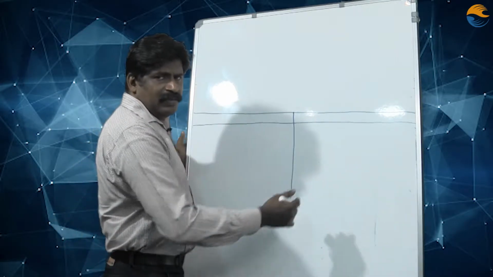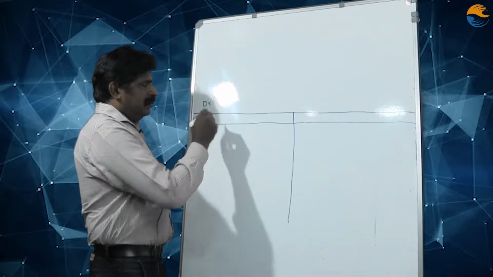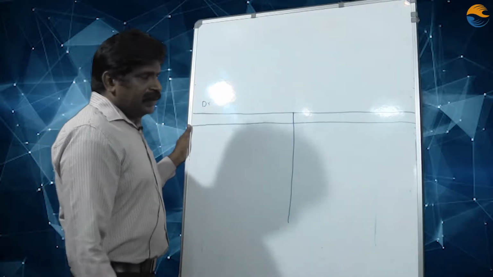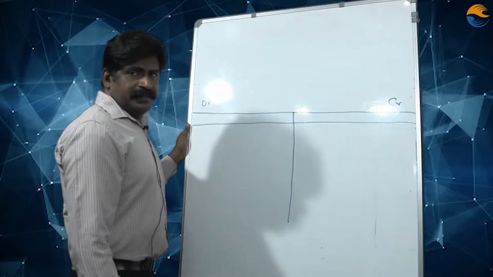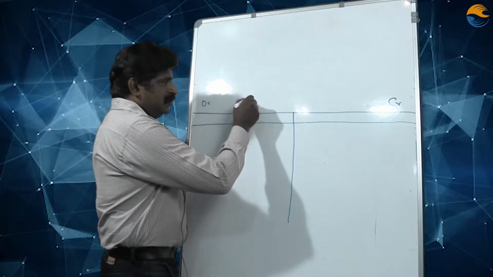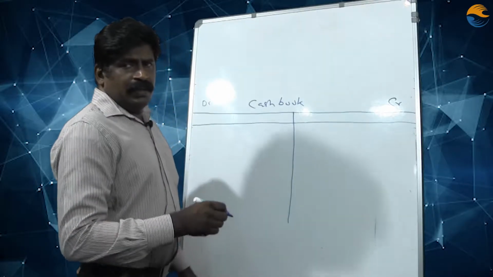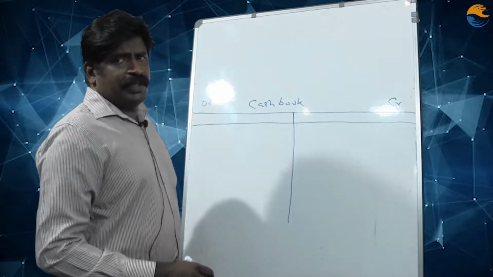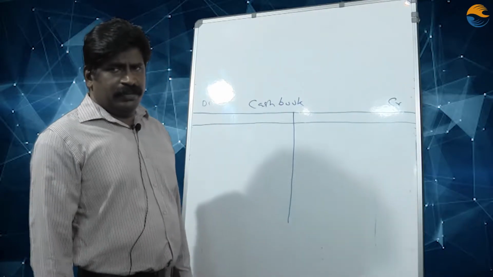Left side and the right side will be there. Left side is called debit side and the right side is called credit side. And this is cash book. This is single column cash book, which is otherwise called a simple cash book.